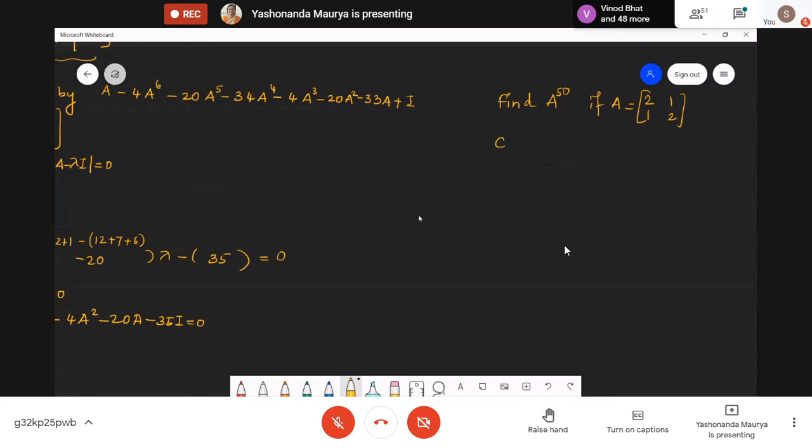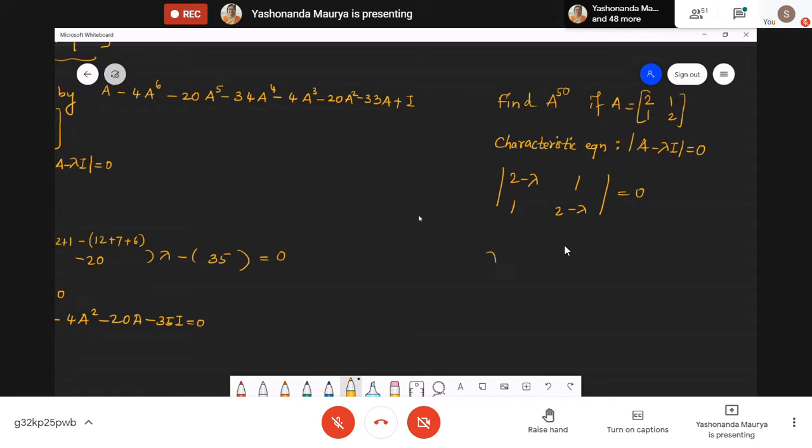The characteristic equation is the determinant of A minus lambda I, so this will be (2 minus lambda), 1, 1, (2 minus lambda), equal to 0.